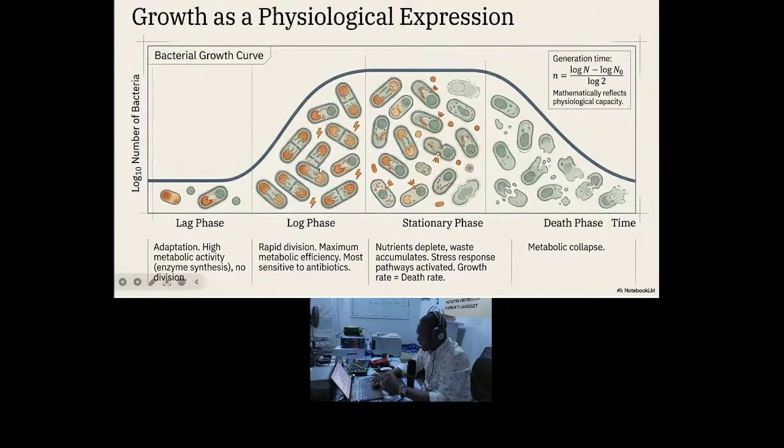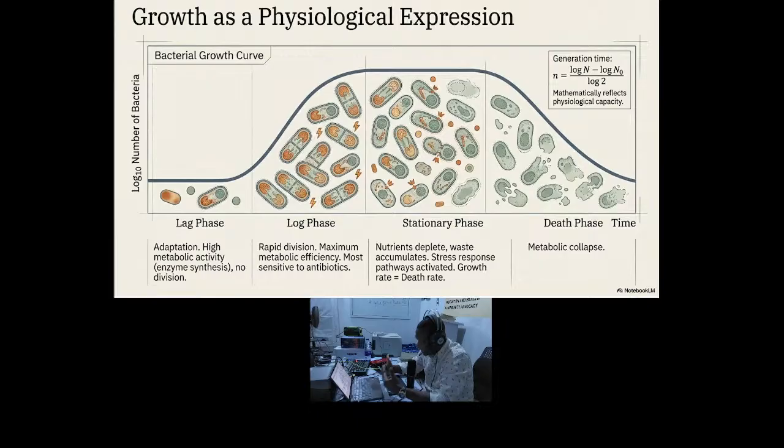Then they will enter the third phase, the stage at which all the nutrients available in that medium are getting exhausted. It's like you are going on a journey with money and food, you pack almost everything, and you keep moving until your food and your energy are exhausted bit by bit.